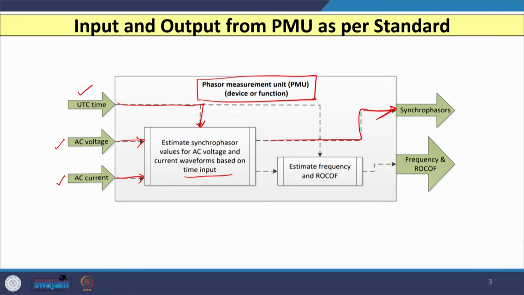Sometimes if special estimates are required, like the frequency or rate of change of frequency, then that block is also available, which will give you the frequency f as well as the rate of change of frequency, that is ROCOF.